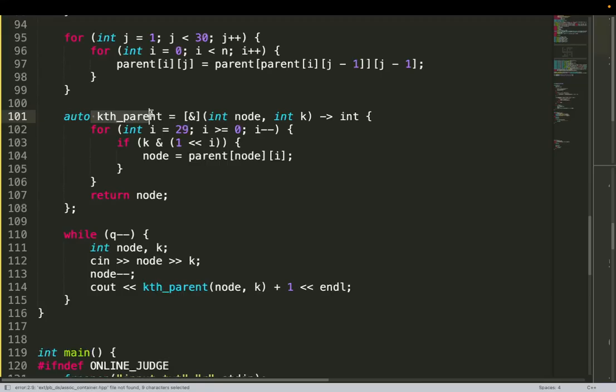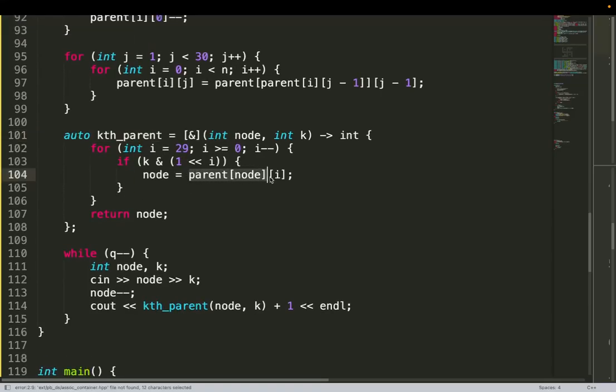Let's see the code for kth parent. This is just a lambda function I wrote so that I don't need to pass these parent values and all. So node and k I am taking as input and the return type is int. I am going from left to right. You can either go from left to right or right to left in the bits, in the binary representation, okay? Going over all the values from bit position 29 till it is greater than or equal to 0.